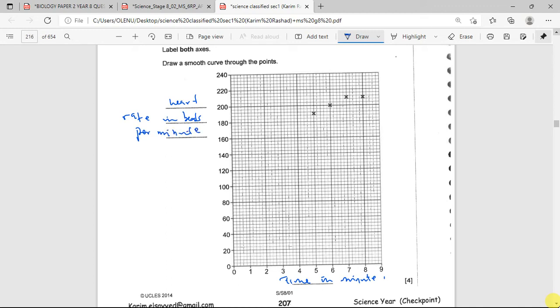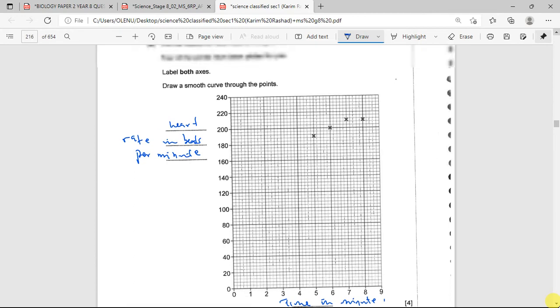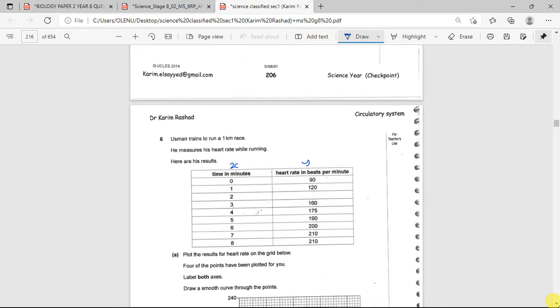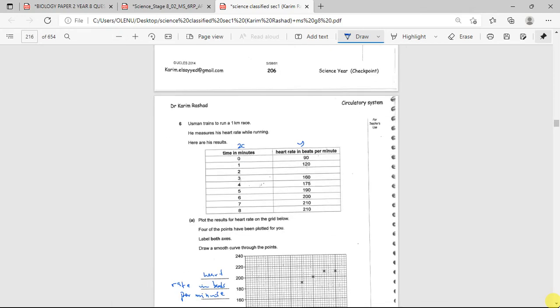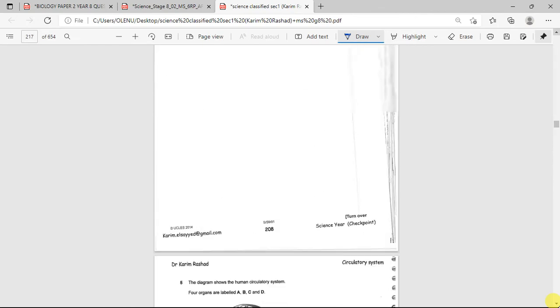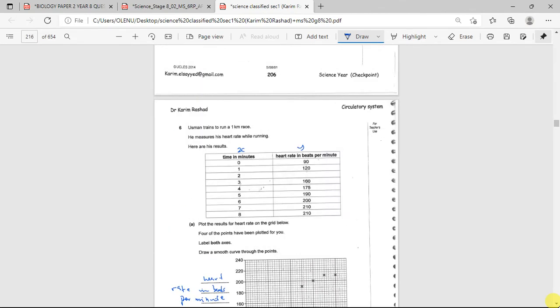Now, they said 4 have been plotted for me, so I need to plot the others. Let me see which have been plotted. I have 8, 7, 6, 5.